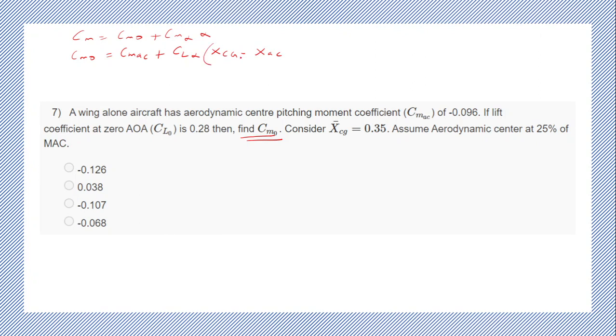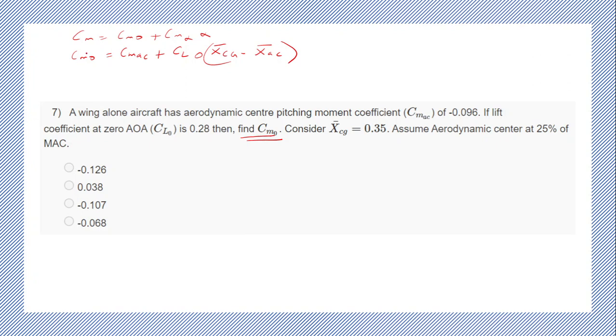Is this right? Yeah, it should be Cl0. Now does it make sense? Because the Cl alpha will come into this term that is dependent on alpha, right?